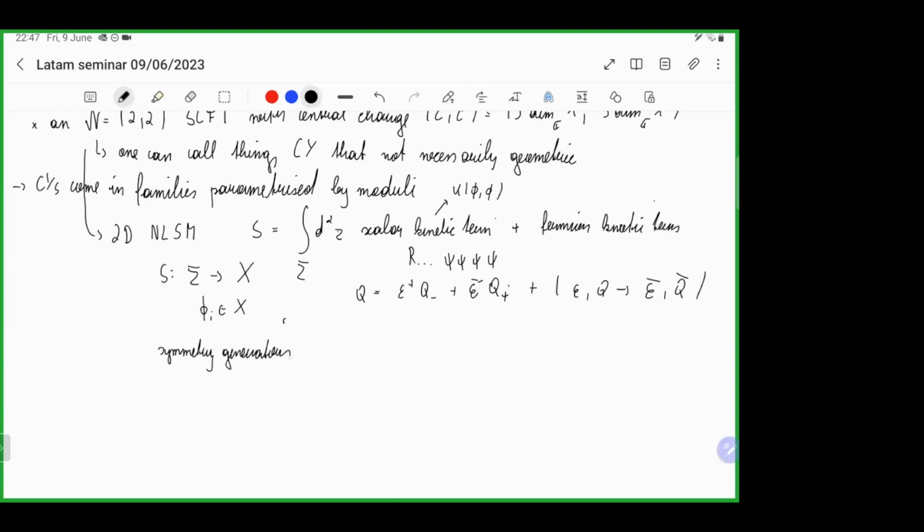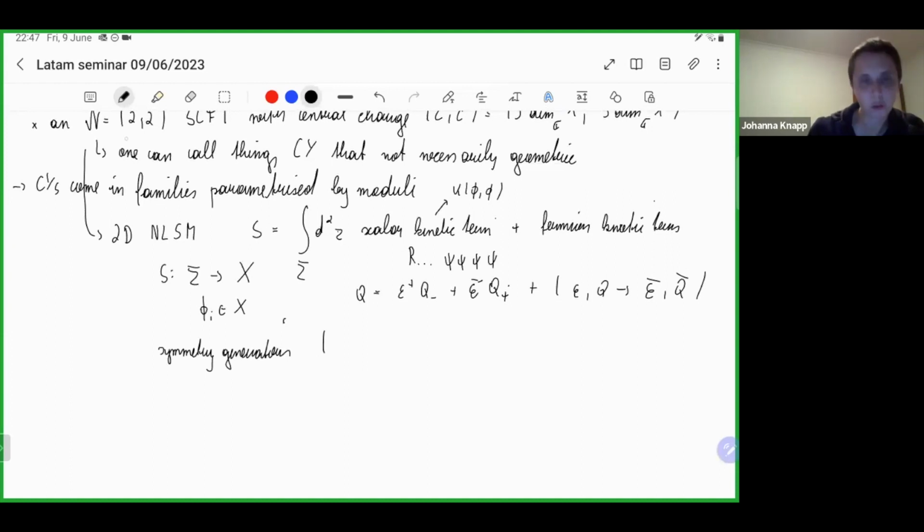So you have in each sector, the holomorphic and the anti-holomorphic sector, a T of z, which is the energy momentum tensor, and then you have Q plus and minus, which are the two supersymmetry generators. And then you have a further U(1) current, which is associated to the R symmetry I mentioned before. You have one copy in the holomorphic sector and one copy in the anti-holomorphic sector. And if you take, for instance, the nonlinear sigma model, you can compute these things explicitly in terms of the fields.